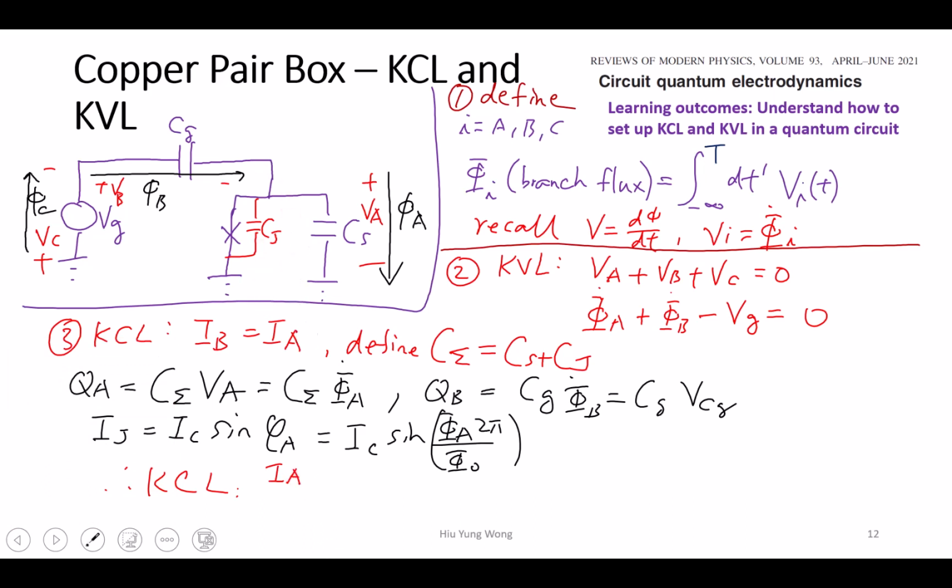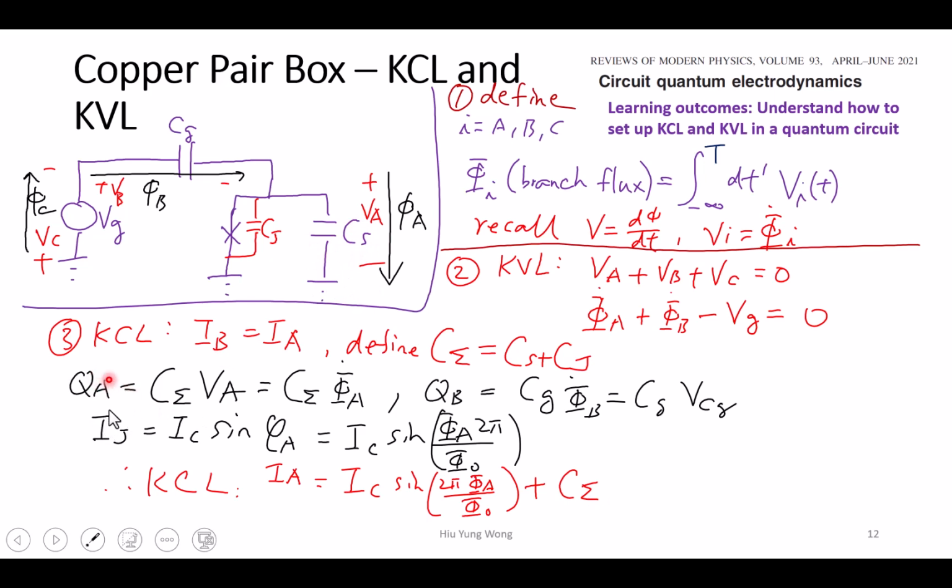The current IA going through the branch equals the current through the Josephson junction plus the current through the capacitor.